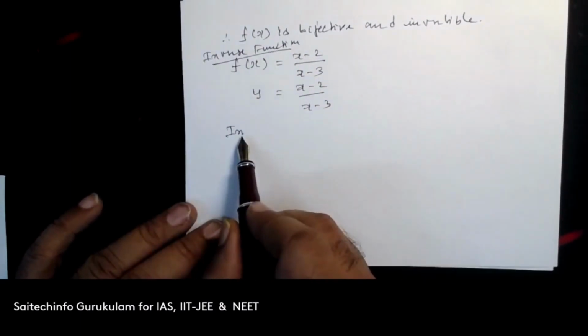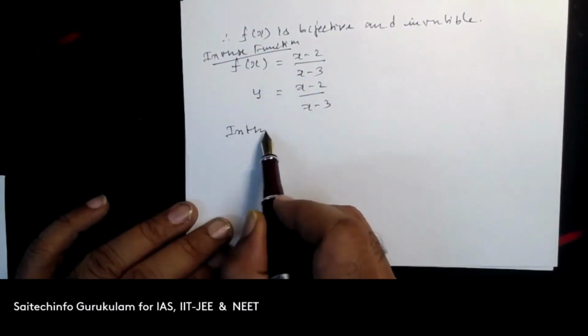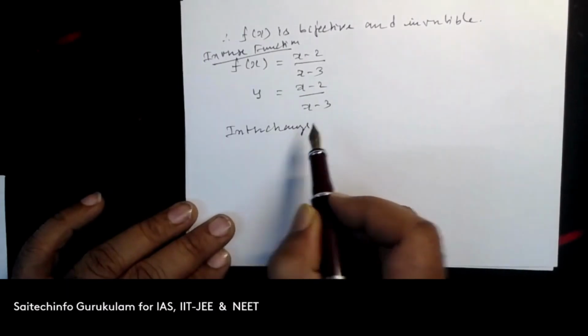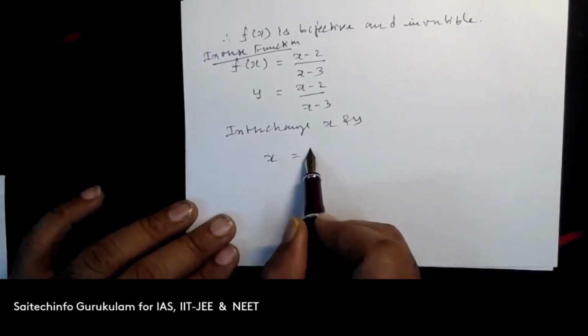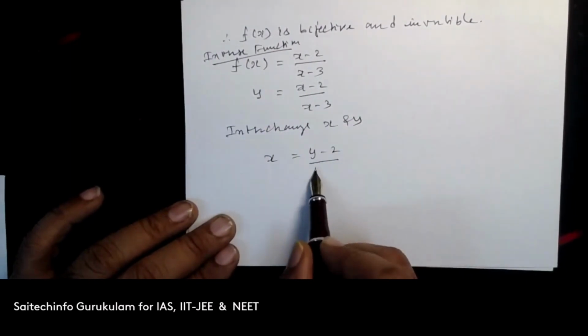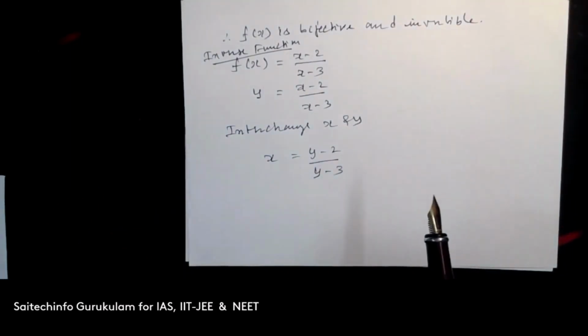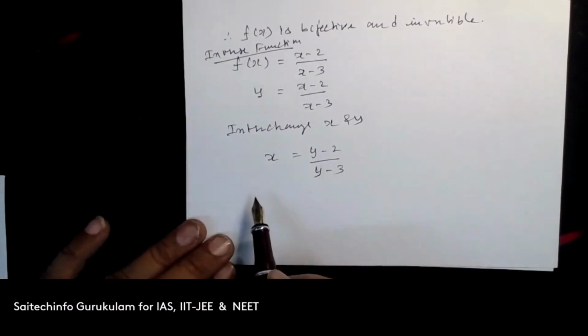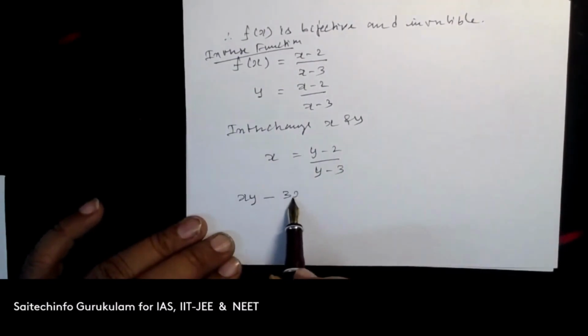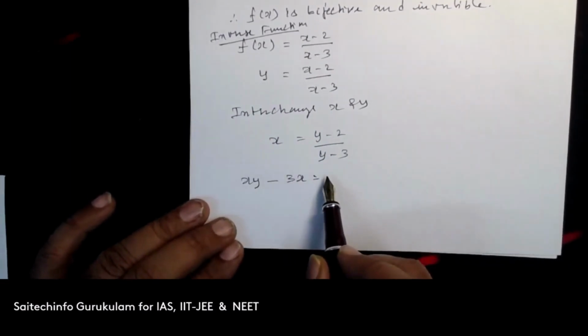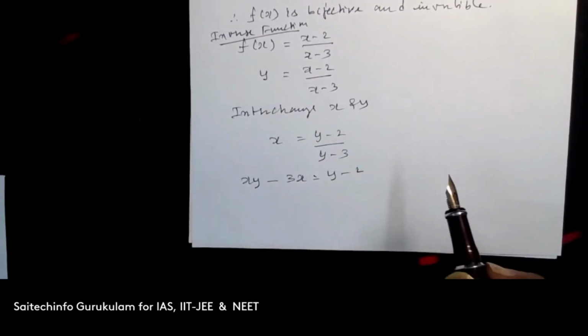So interchange x and y. It means x is equal to y minus 2 divided by y minus 3. Got it? Now let us multiply: xy minus 3x is equal to y minus 2.